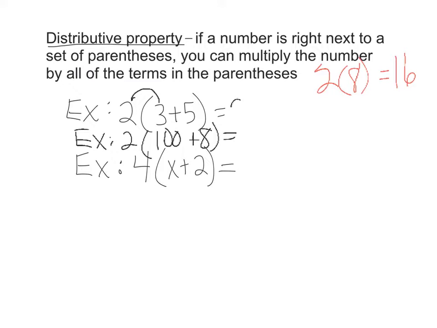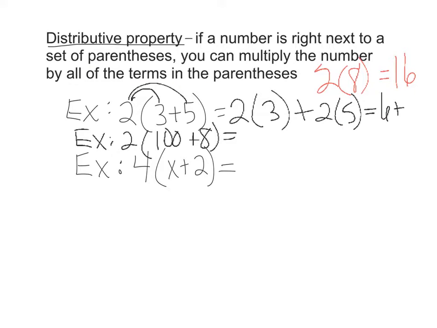So we can multiply 2 times the 3 and then plus 2 times the 5. So 2 times 3 is 6, 2 times 5 is 10, and then 6 plus 10 is 16. So if you'll notice, we got the same answer.